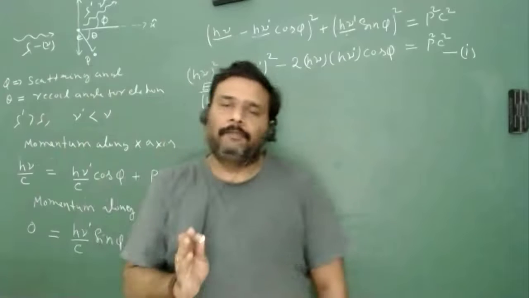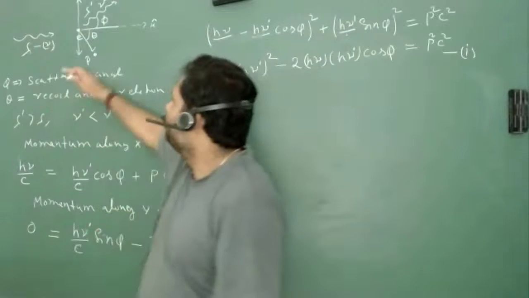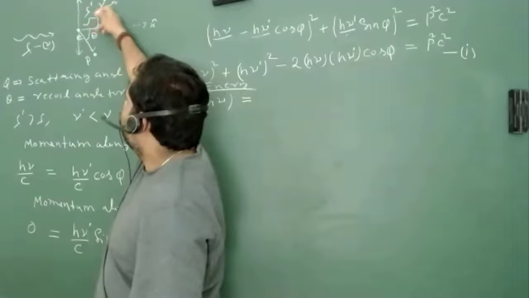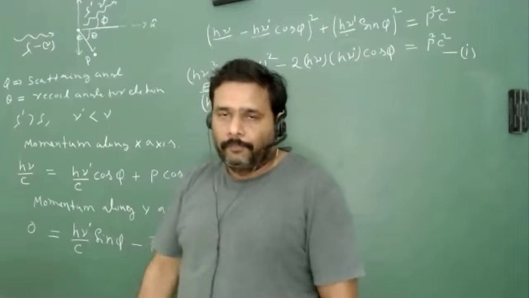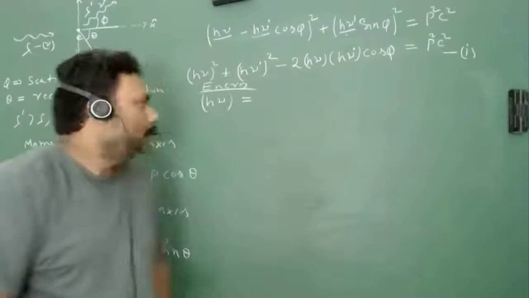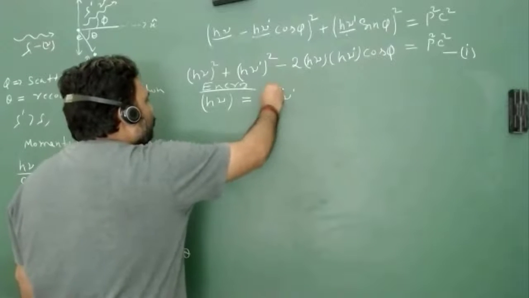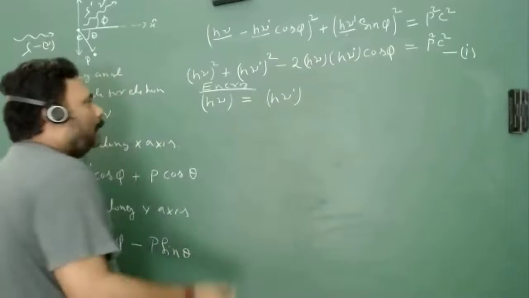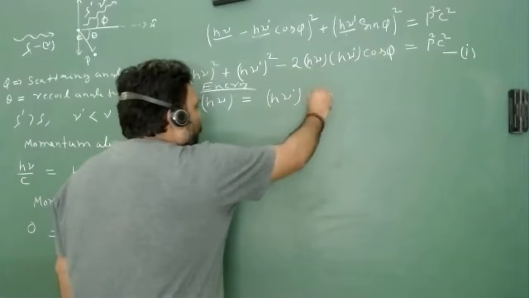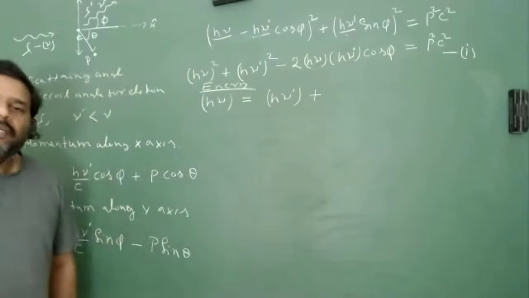The first part will produce this particular scattered photon, so it has also some energy, and this energy is equal to h nu dash, plus the kinetic energy of the electron.